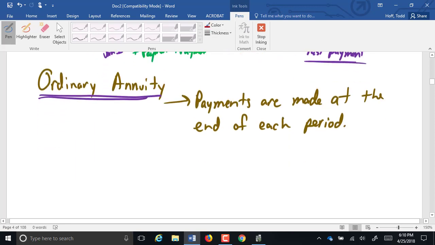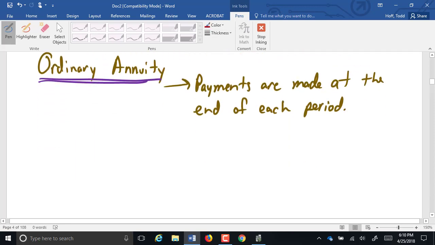Formula time. Now the formula I'm about to give you is going to look very different than the formula given in the book. The reason for that is the formula given in the book is in mathematical language, and to try to punch it in the calculator, you'd have to do a lot of interpreting. So the formula I am giving you is the calculator keystrokes.